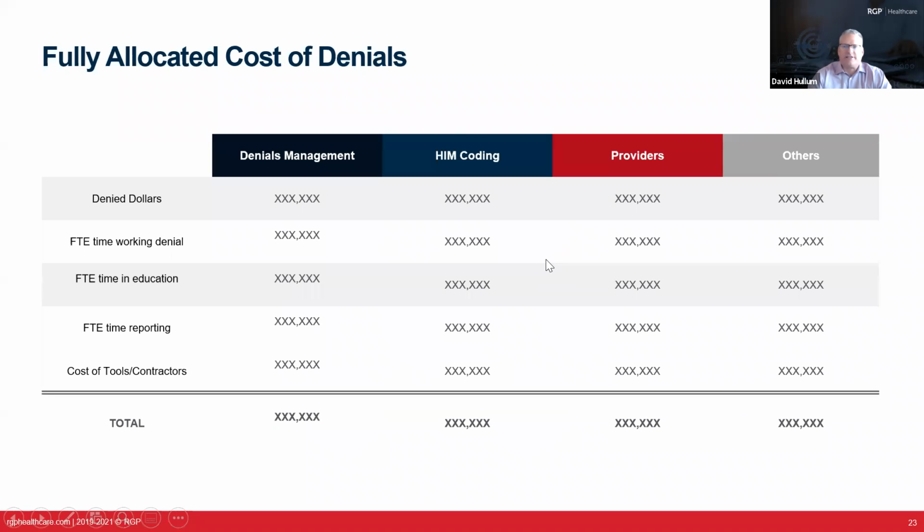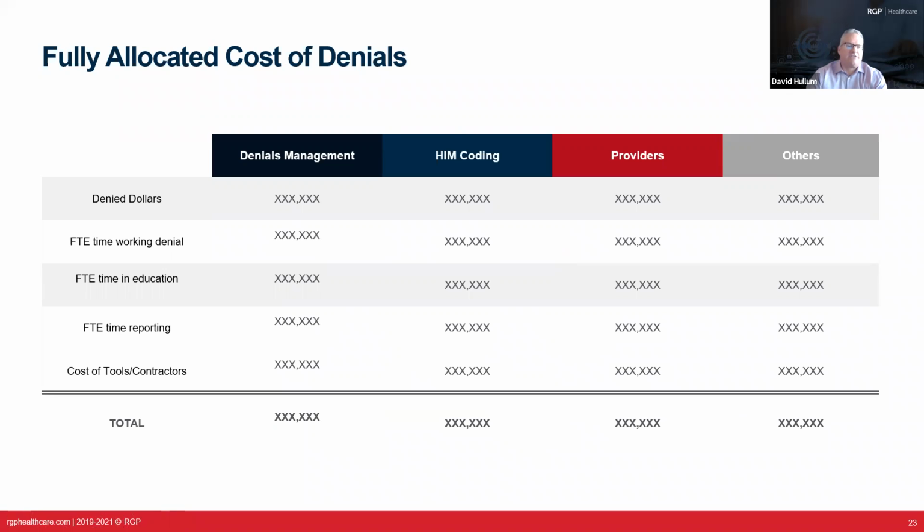This is a very simplified way to attribute cost to working a denial, okay? If you look at your rows, you've got denied dollars, you've got the FTE time to work the denial, you've got the time the FTE spends educating whoever they need to educate.